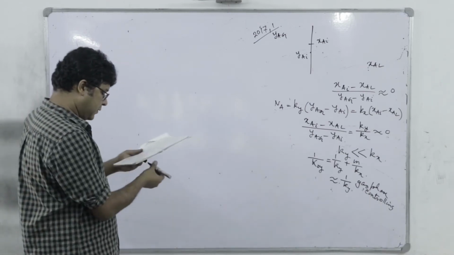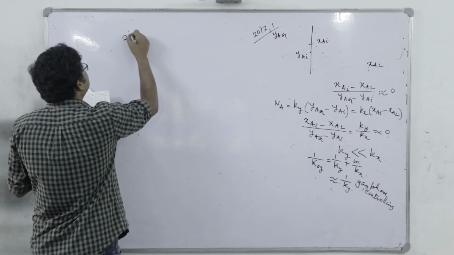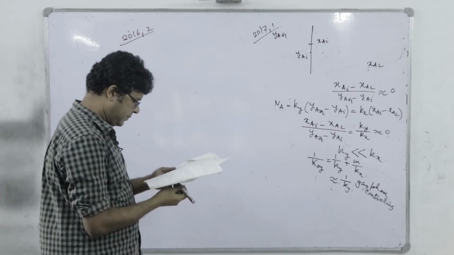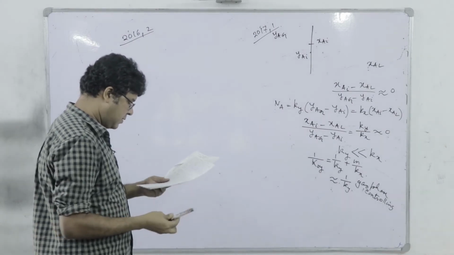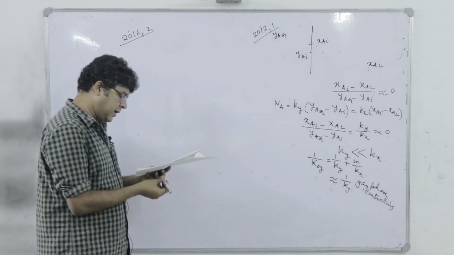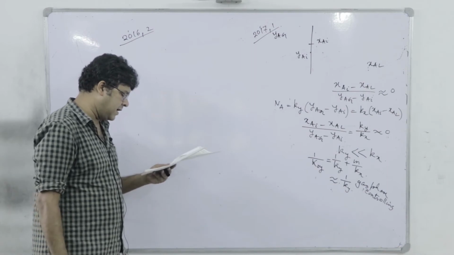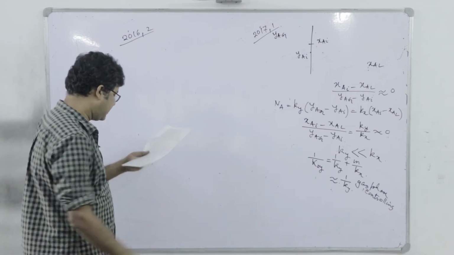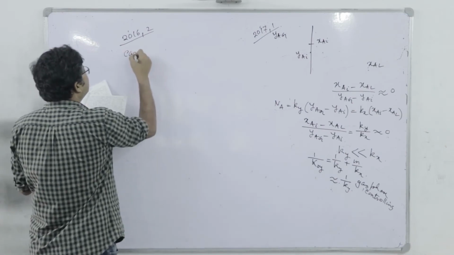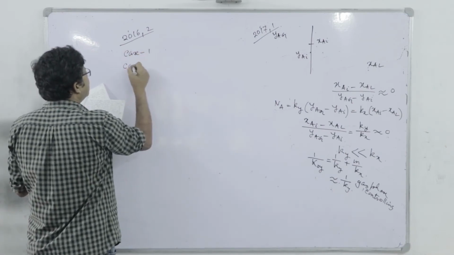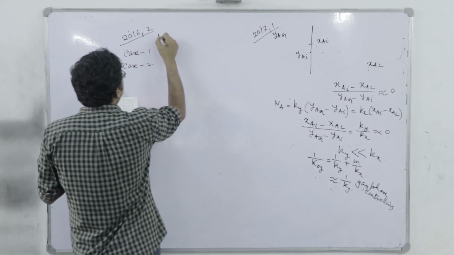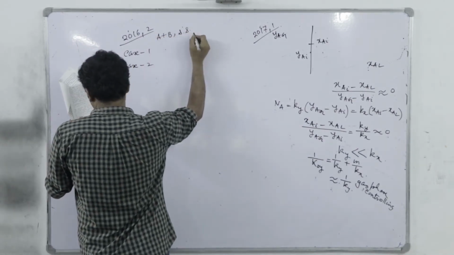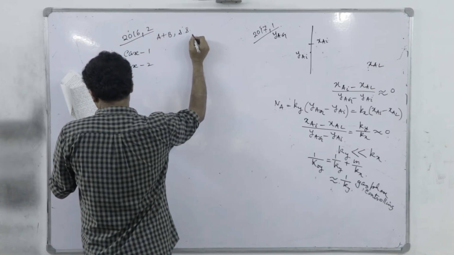So this is a 2016 2 marks problem. Consider the following two cases of a binary mixture of ideal gas A and B under steady conditions. Right. So case 1, case 2, A, B, steady state, these are given. Right.